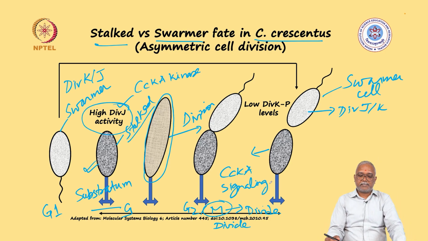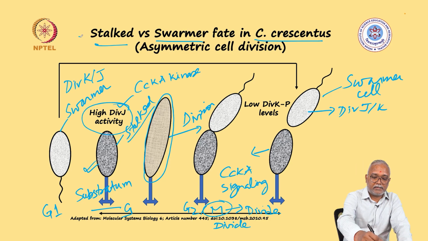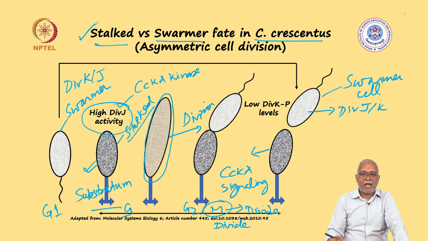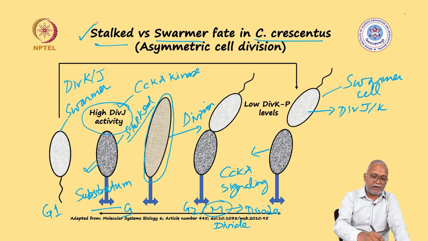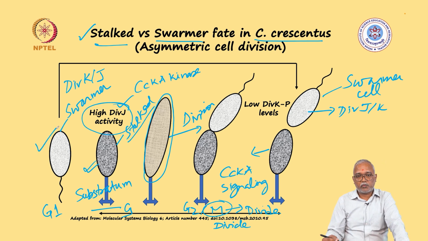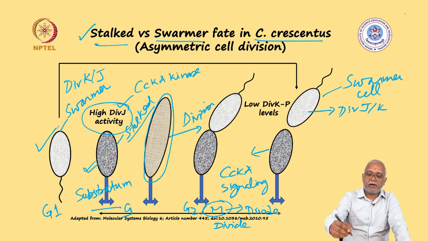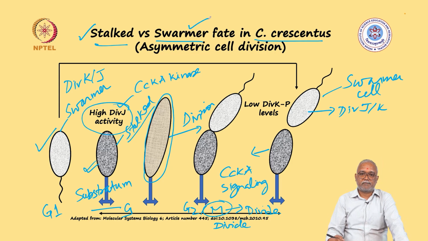So what you understand here is that the two different kinases or two-component systems are working together to tightly regulate whether the bacteria should attach to substratum and take a decision to divide and give rise to the new set of free swarming bacteria, or depending on the other two-component system working, the system keeps into the swarmer fate. It does not take a call to attach to substratum and to divide any further.